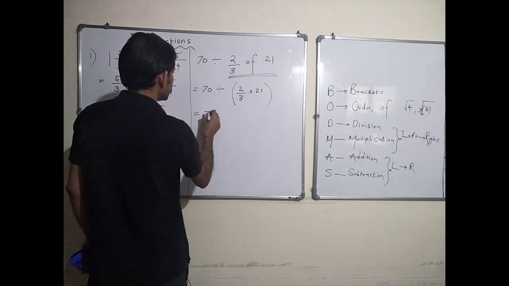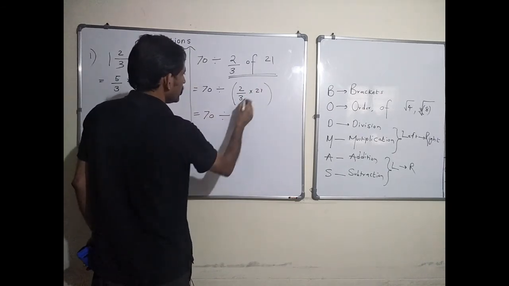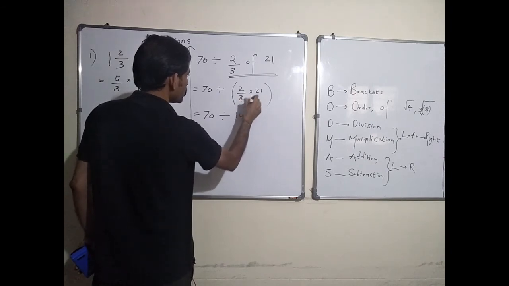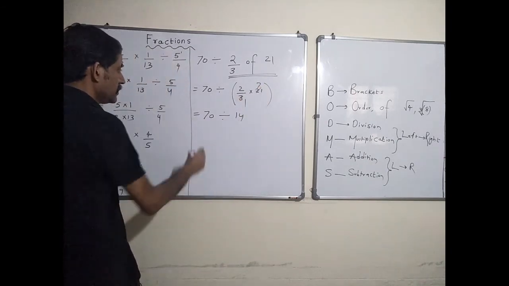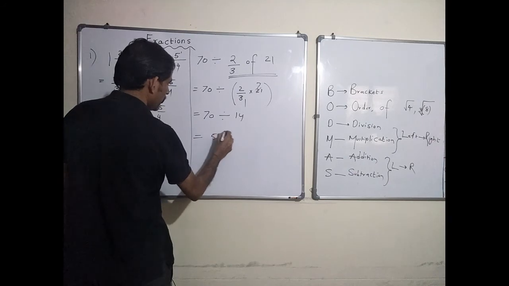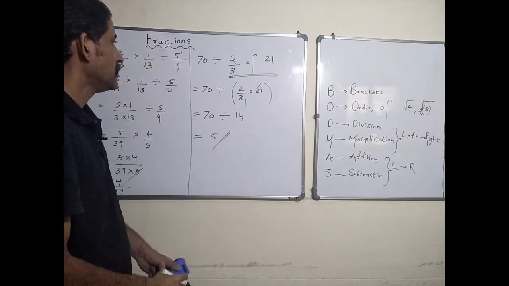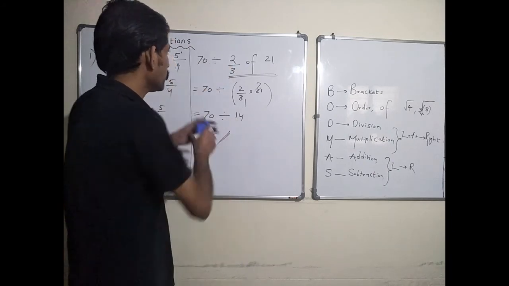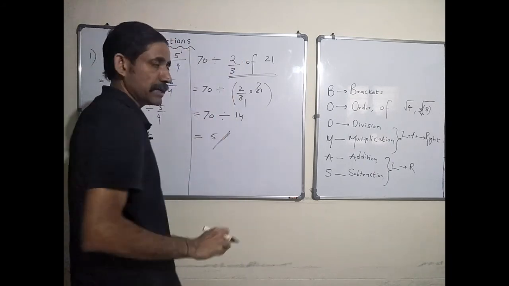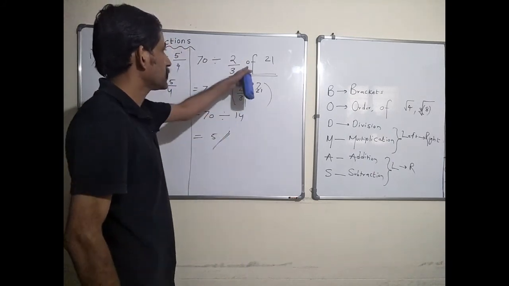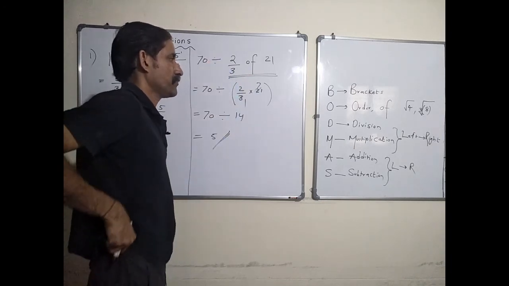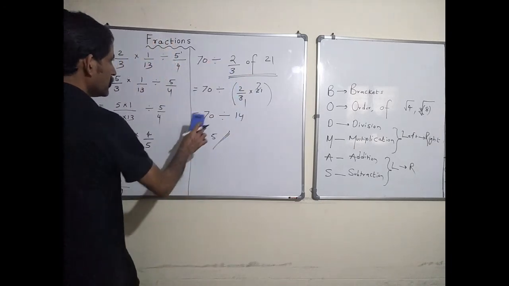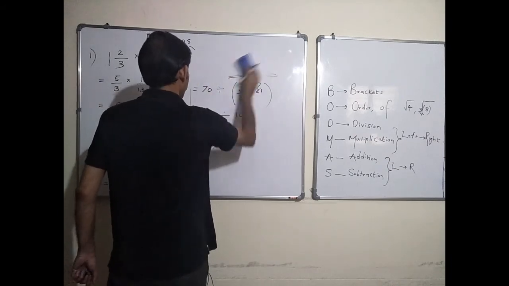Now this is nothing but 70 divided by 14. 3 ones are 3, 3 sevens are 21. It is nothing but 5. So this is the answer. If you execute the division first, you are going to get a wrong answer, right? Of has more priority than division. Okay, sounds good. Let's move on to the next problem.